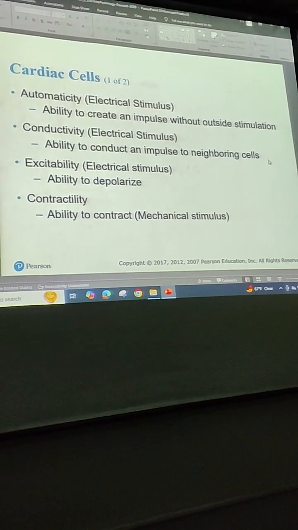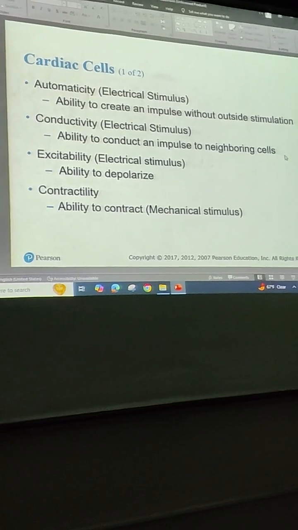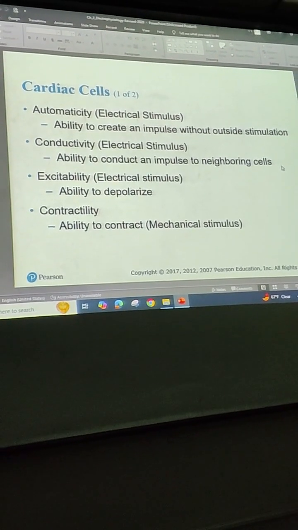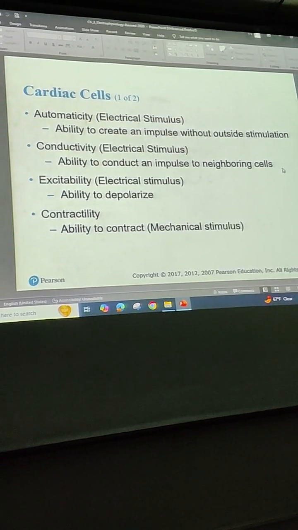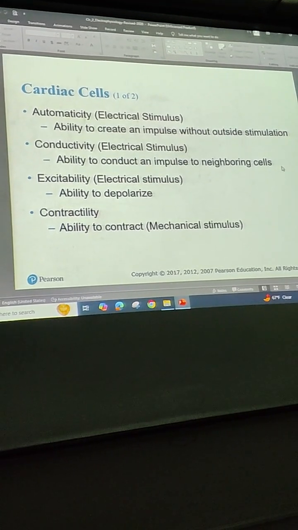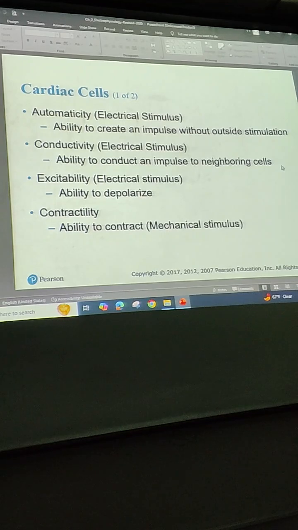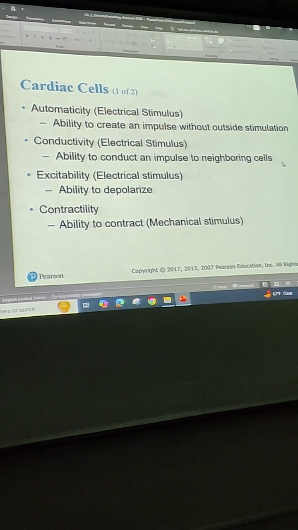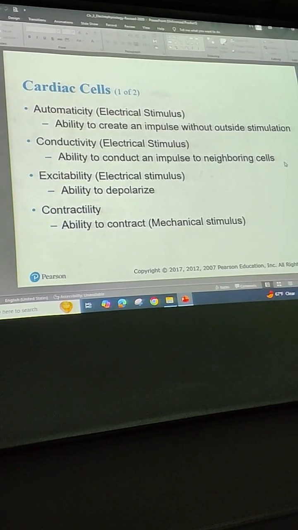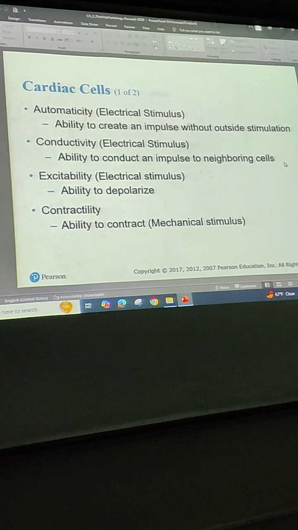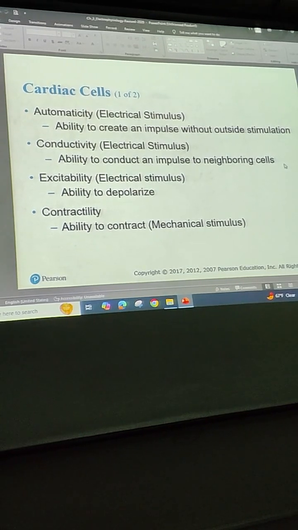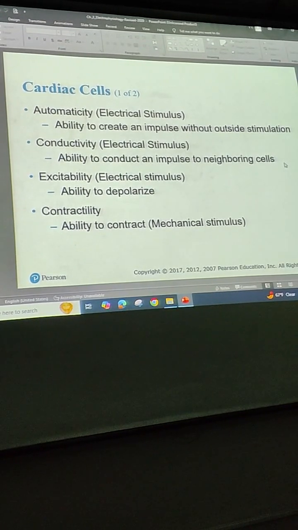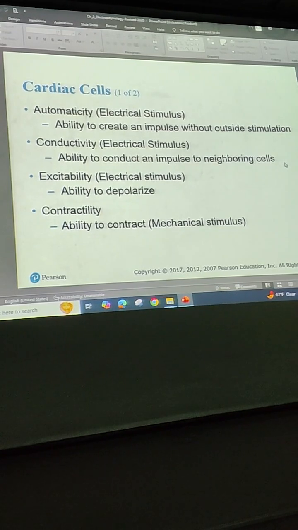Some of the cells are going to be automatic, and that's called automaticity, meaning they don't have to be triggered by anything, they just happen. This is like, well, not applying to automatic cars, but in a way, yes, because you don't have to do all these shift changes like I do in my country.